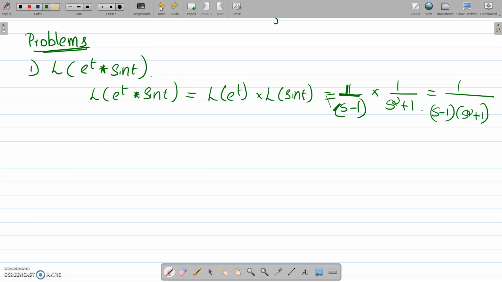By definition, e raised to t star sin t is the integral from 0 to t of e raised to u into sin of t minus u du. This is actually the definition of the convolution, and we are asked to evaluate its Laplace transform. So this is f of s into g of s, that is 1 by s minus 1 into s square plus 1.